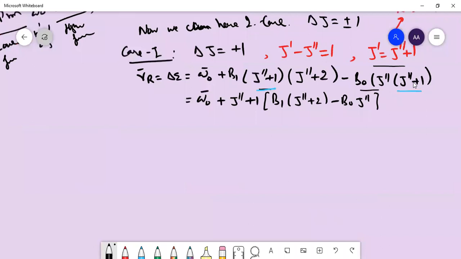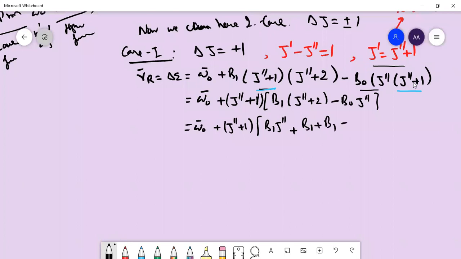I can further solve this equation. I will write here omega naught bar plus J dash plus 1, so I can put it in a bracket. Now I will multiply this B1 with these two, so I can write here B1 J double dash. And when I multiply B1 with these two, it will be 2B1, so for this 2B1, I can write B1 plus B1, which is 1B1 plus 1B1, 2B1.